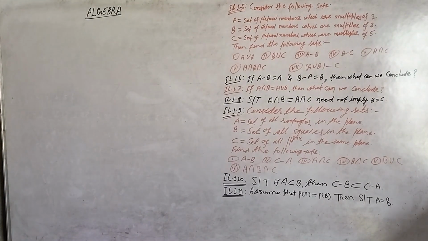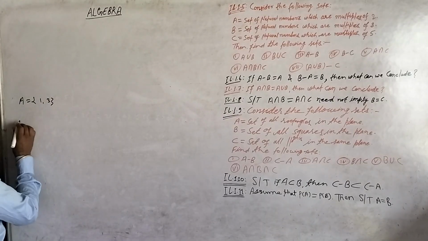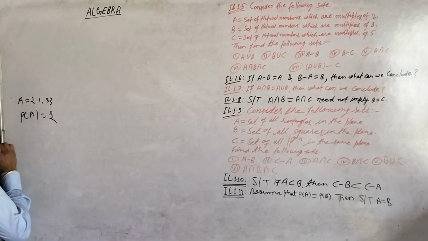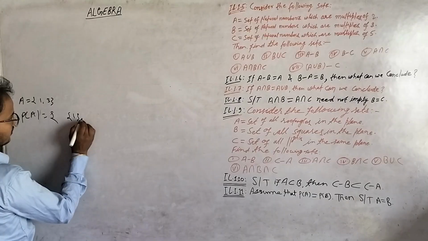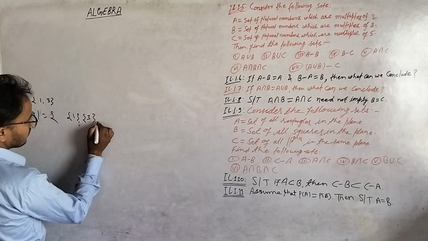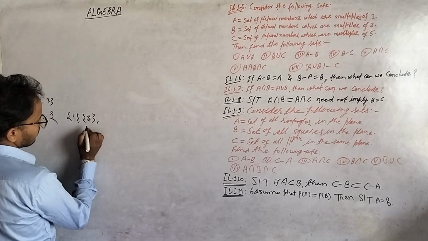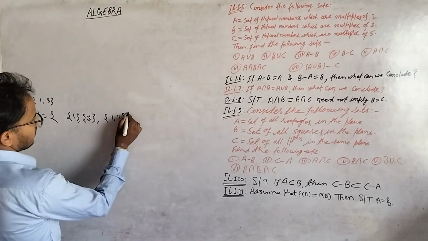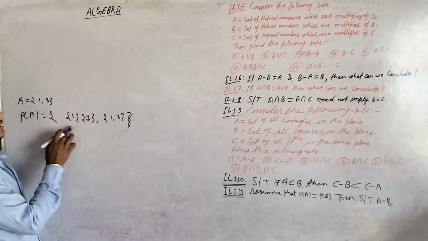If you do not understand, we try a smaller set, A = {1, 3}. Then the power set of A contains all the subsets of A: the empty set, {1}, {3}, and {1,3}. This last set is also contained in the power set.